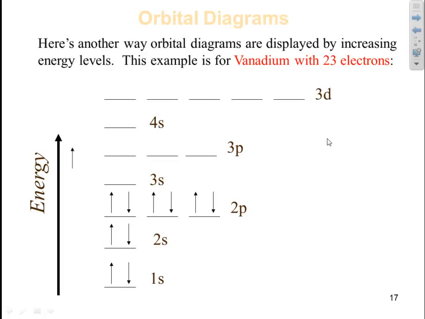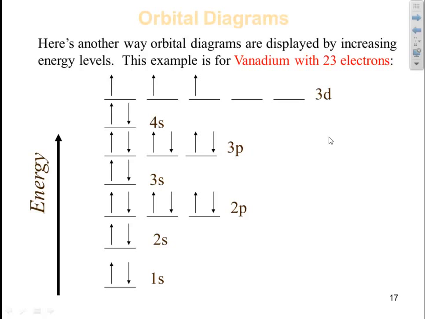Then we do the 3s, one up, one down. 3p's, we'll do them singly up, and then pair them down. 4s, one up, one down. We have 3 more electrons to account for, so we put them one up, and one up. That is the orbital diagram for vanadium.